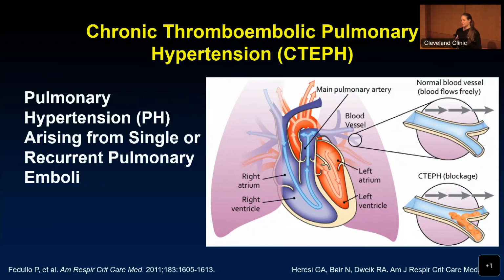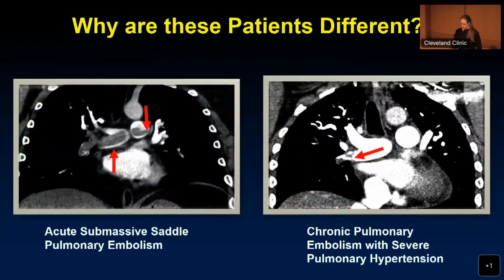When patients are at end stage of this disease, they almost phenotypically behave more like they've got PAH rather than CTEPH. So what I want to try to illustrate is how these two patients are different, through the slides coming up about the pathology and pathophysiology.